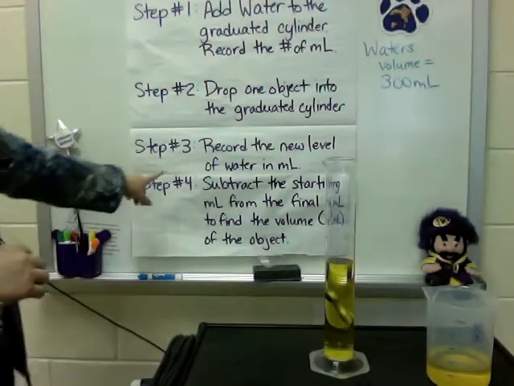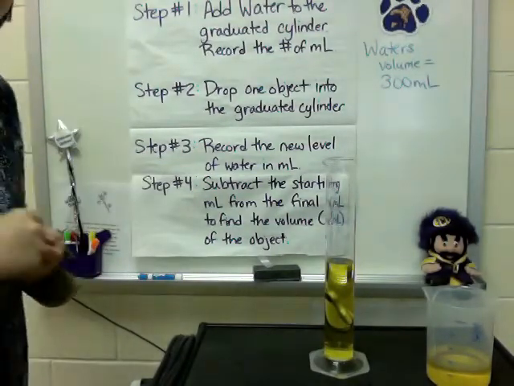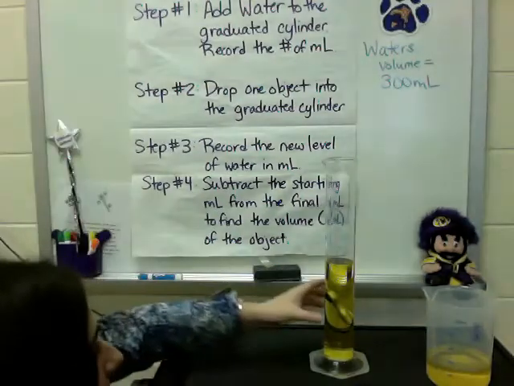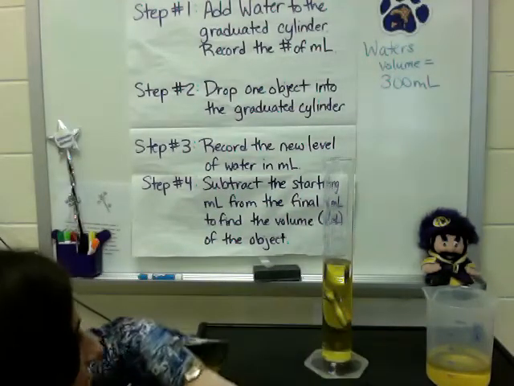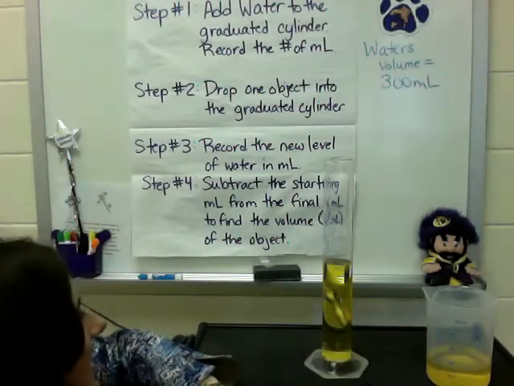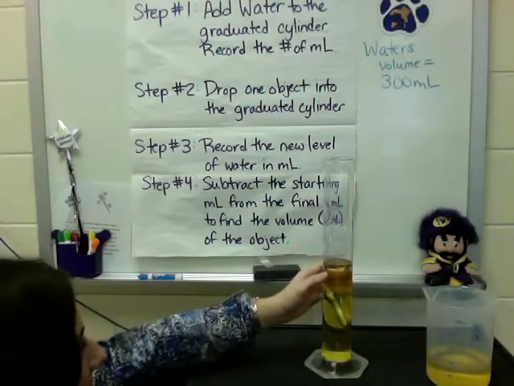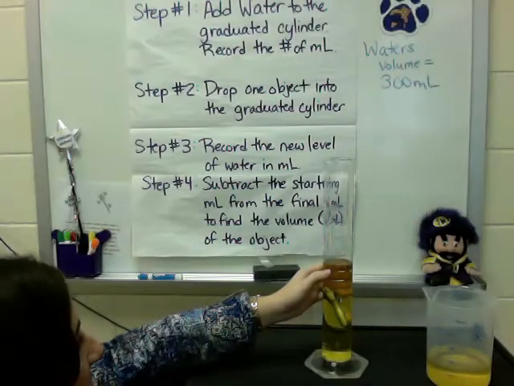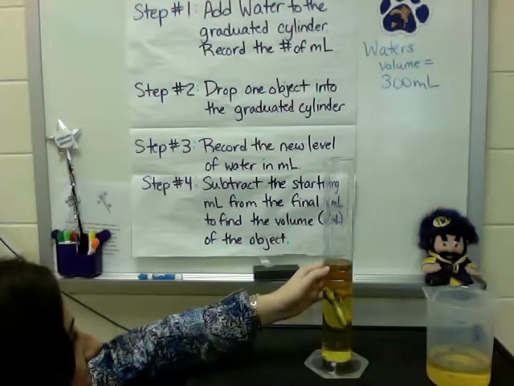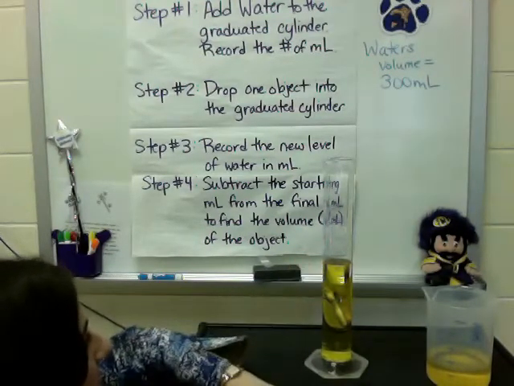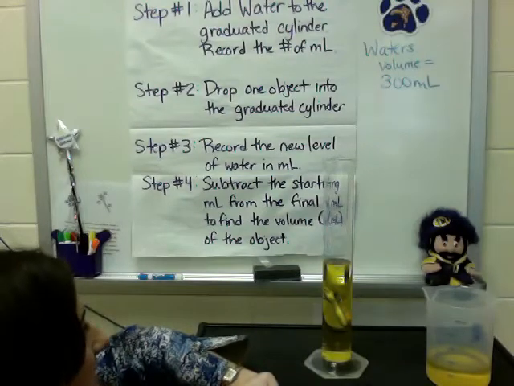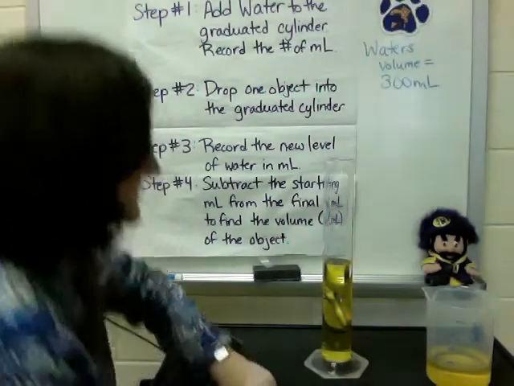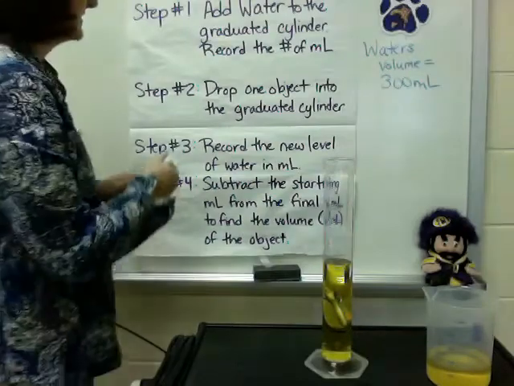Next, it says record the new level of water in milliliters. So again, we're going to get on eye level, and we're going to read from the bottom of the meniscus, and this increases by 5 milliliters, so that's 300, 305, 310, 315. It's between 315 and 320, so it looks like it clocks in at 316 milliliters.